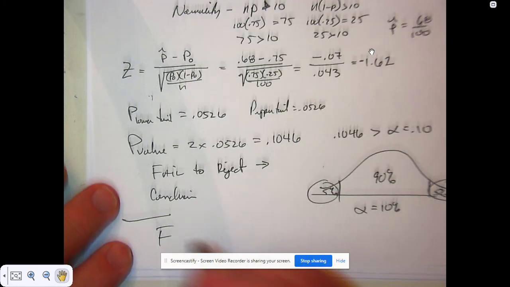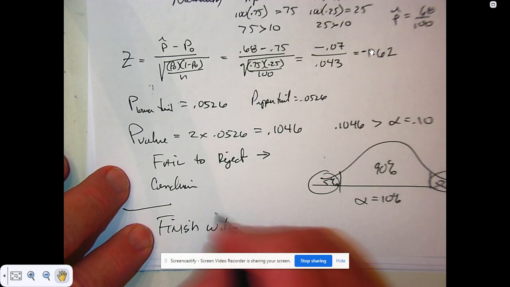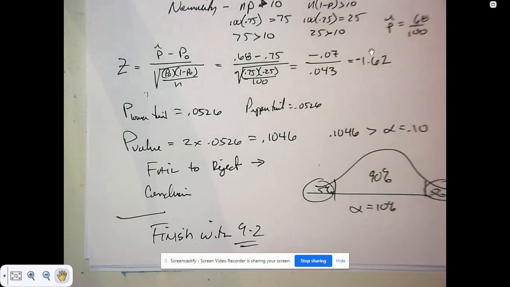We are now finished with 9.2. I will be assigning all the homework for 9.2. If I haven't done so already, I will have to look and see if I've done that already. But anyway, we can do that. And then we'll start looking at the alternate examples. Make sure that we have a full understanding before we try to go on to different types of tests.